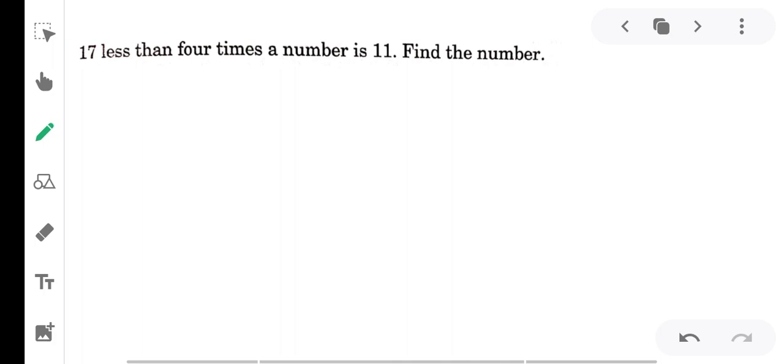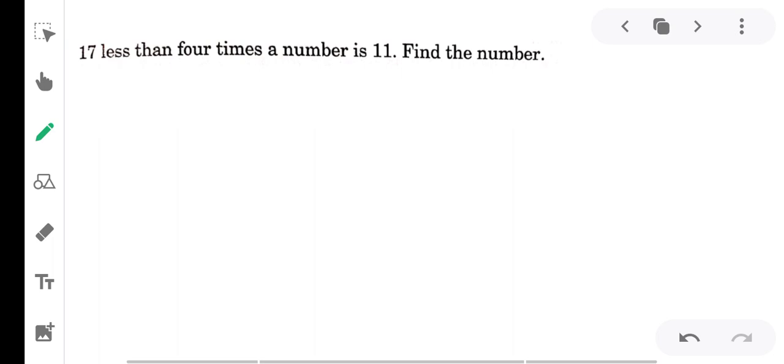So the first question: 17 less than 4 times a number is 11. Find the number. Now I'll only tell how to solve the question, but you have to solve the question with the proper method, like the examples. So 17 less than 4 times a number.